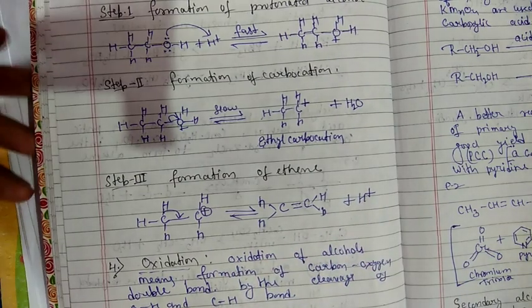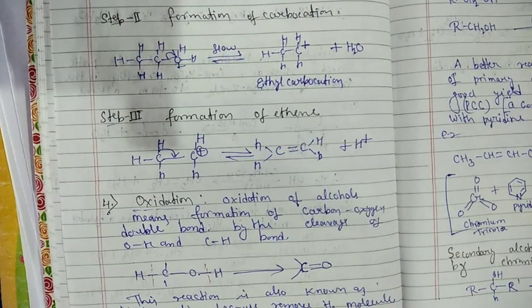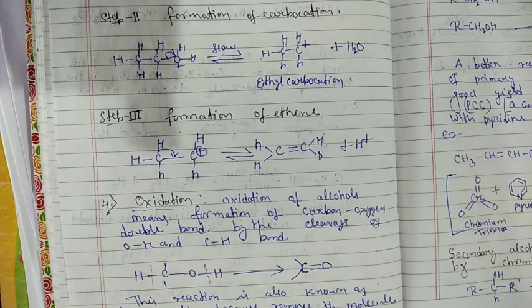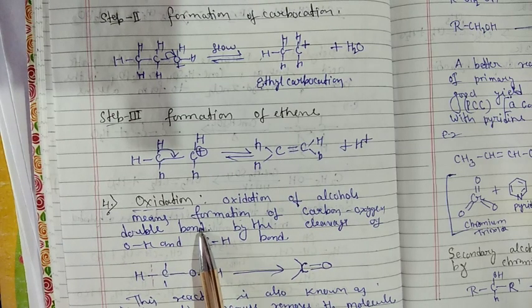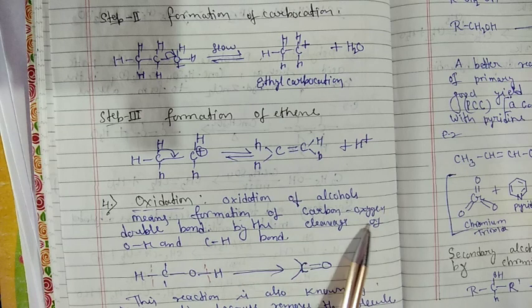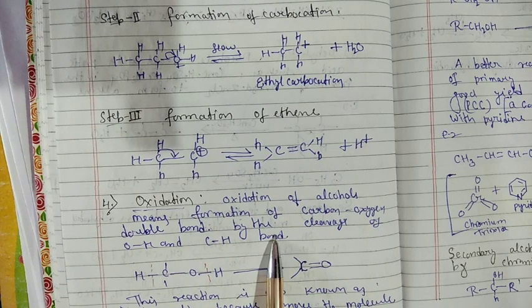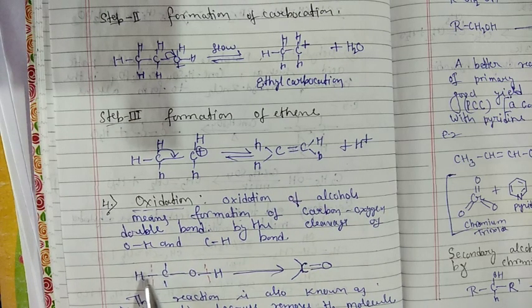And the next reaction, students. What is oxidation? You know that oxidation of alcohols means formation of carbon-oxygen double bonds, known as carbonyl compounds, by the cleavage of O-H and C-H bonds. You see here the cleavage of the C-H bond and O-H bond. So after cleavage, carbonyl compounds are formed.